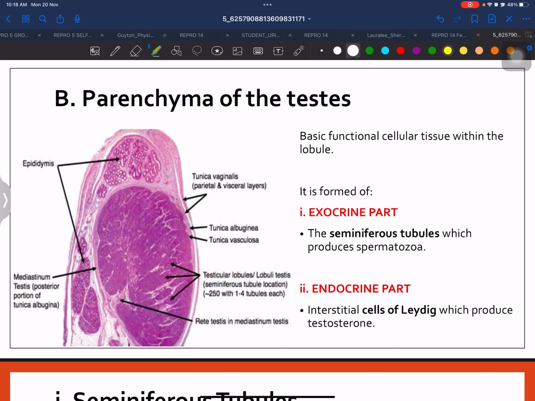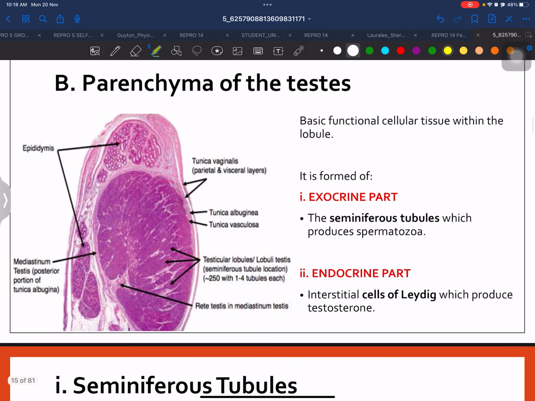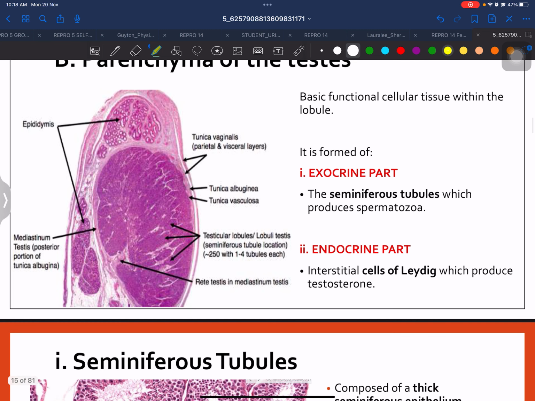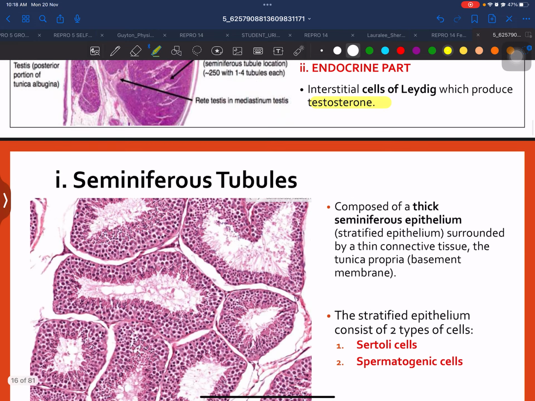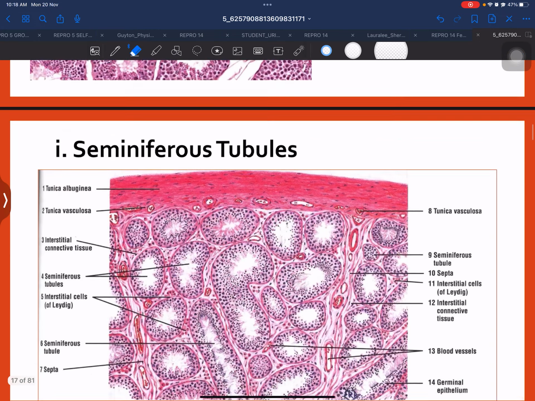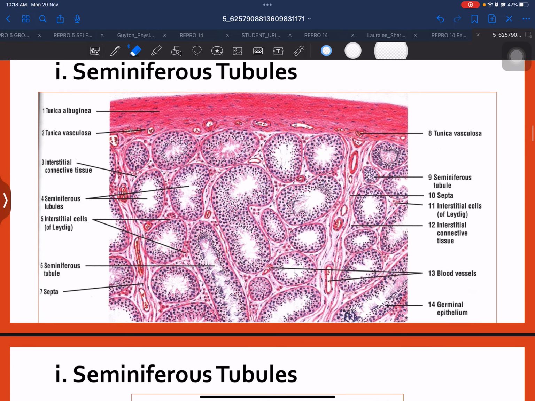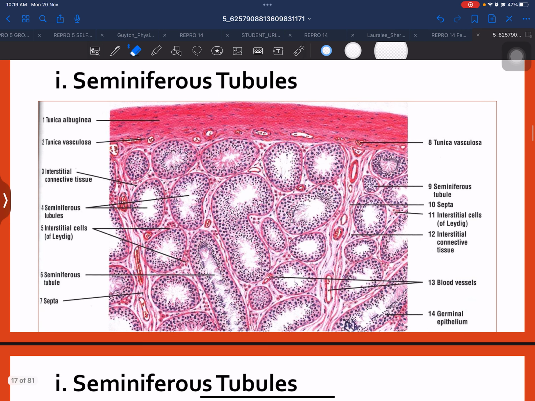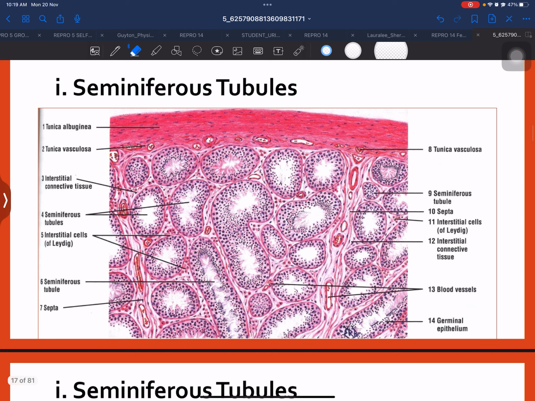The endocrine part is by the Leydig cells, which produce testosterone. From the cartoon here, these are the seminiferous tubules. Can you appreciate this? In between the seminiferous tubules are the Leydig cells.